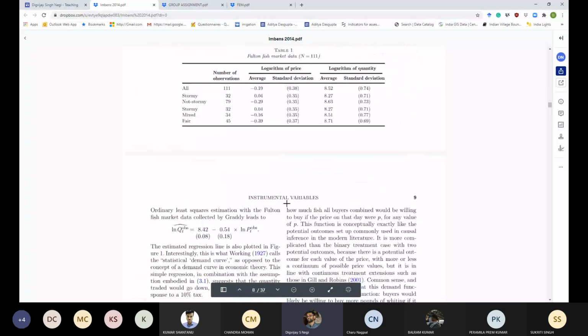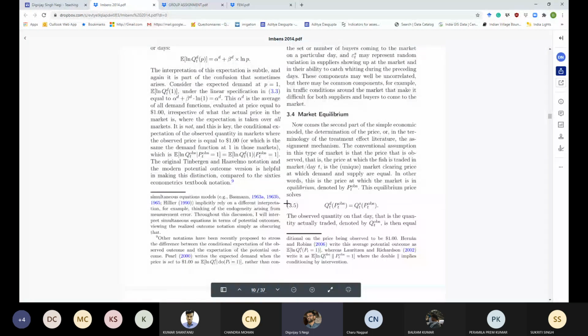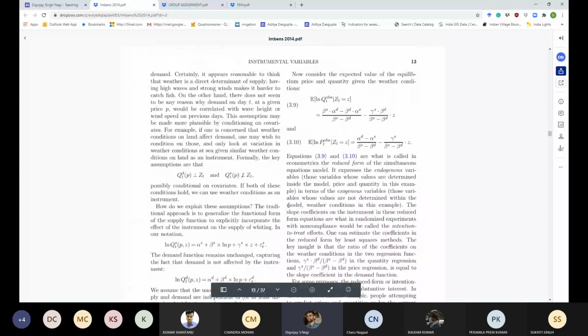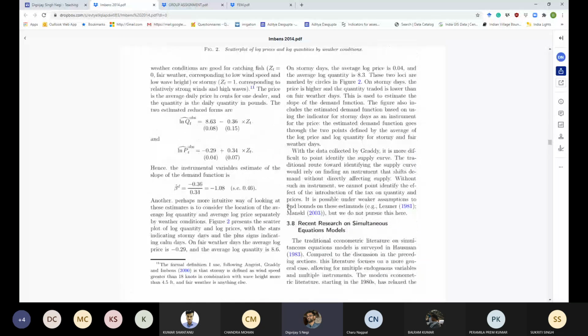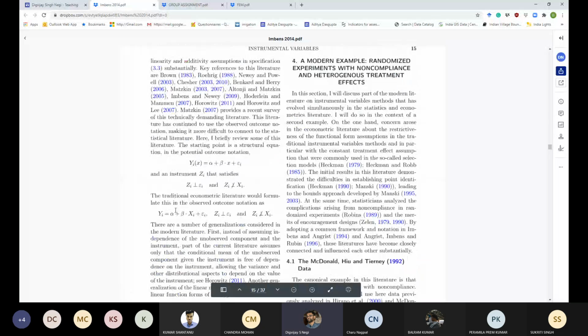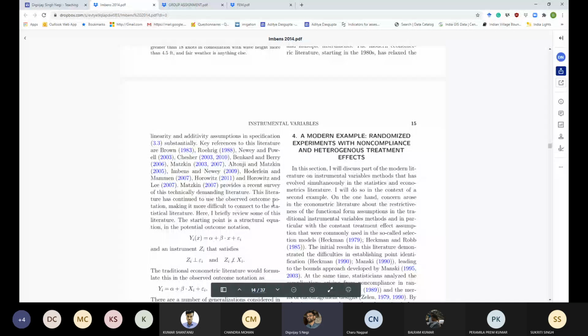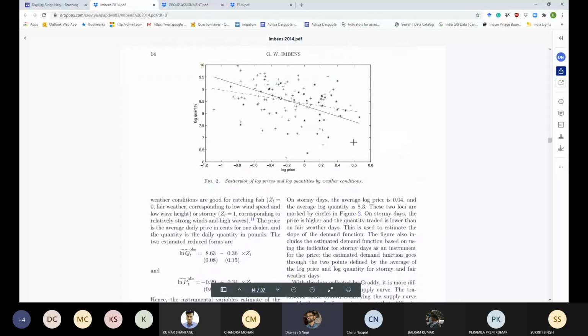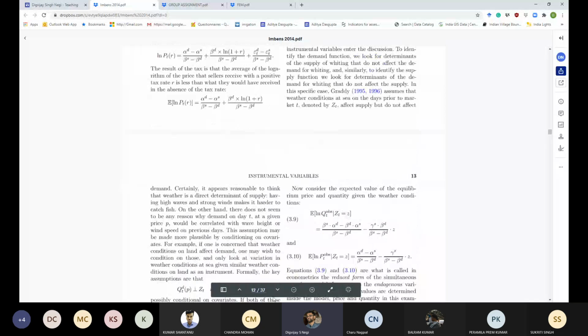So you read this section 3. It goes on till here. So read section 3, only section 3. You can read the complete paper, that's not a problem, but for the assignment, you just have to read this section 3 of this paper.